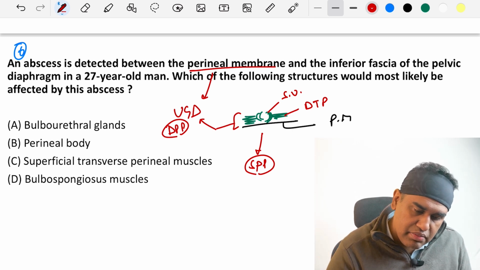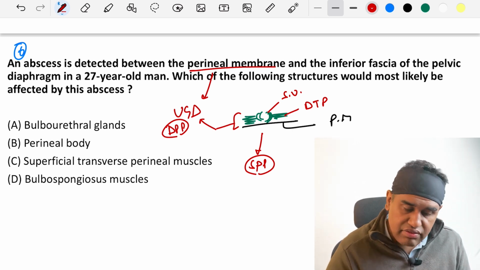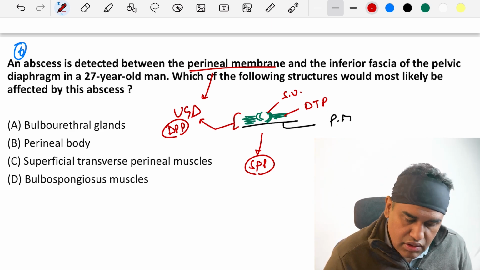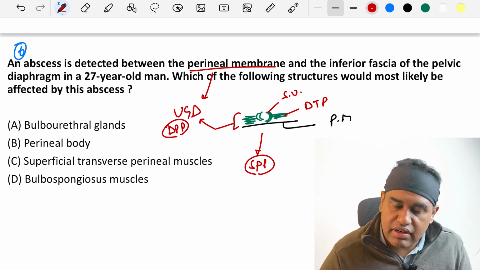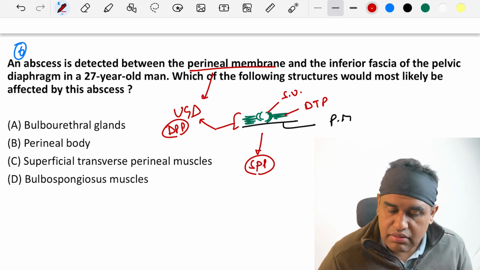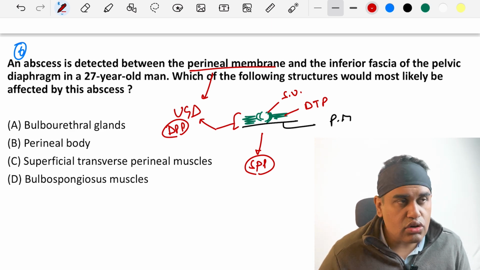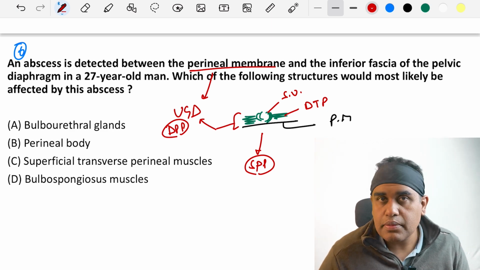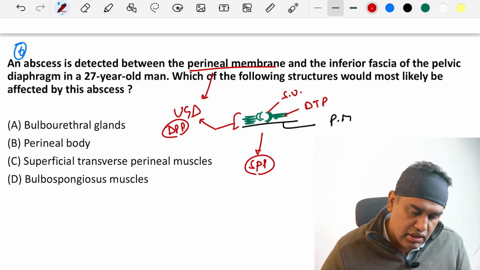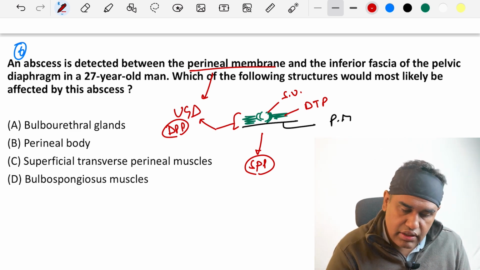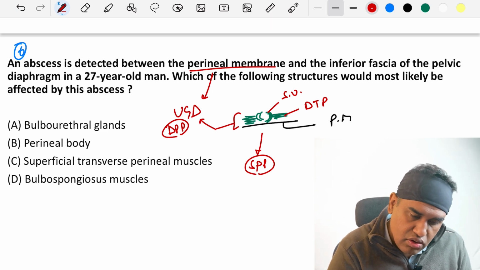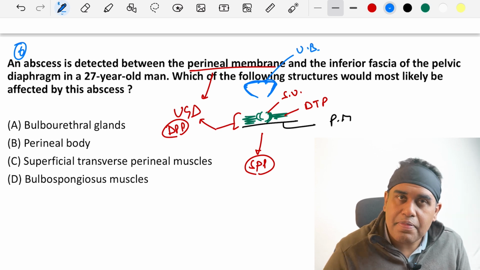The abscess is between the perineal membrane and the inferior fascia of the pelvic diaphragm. Now we have to understand, where is the pelvic diaphragm? The pelvic diaphragm is a combination of the iliococcygeus and pubococcygeus muscles. It supports the pelvic structures. Now, what will be lying above? Suppose this is a male. A huge structure lies here; I'm making it small because of space, but imagine it to be the urinary bladder.